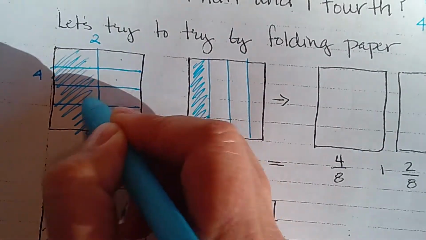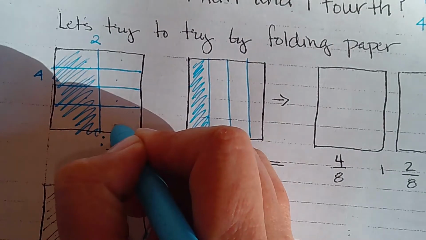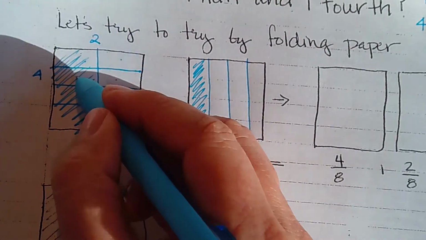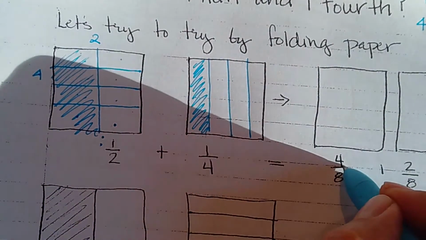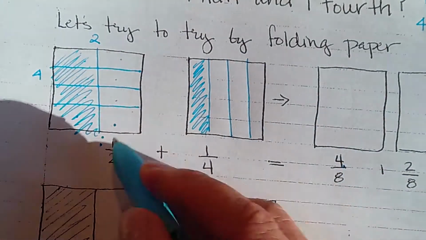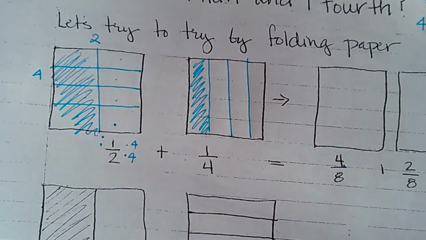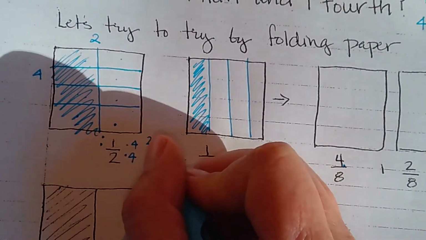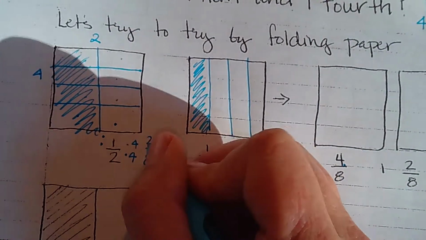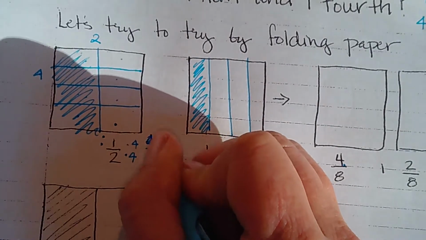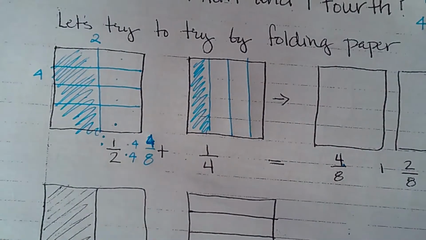1, 2, 3, 4, 5, 6, 7, 8. Now we have 1, 2, 3, 4 out of 8, right? So it's essentially multiplying by 4, right? And we get 4/8.